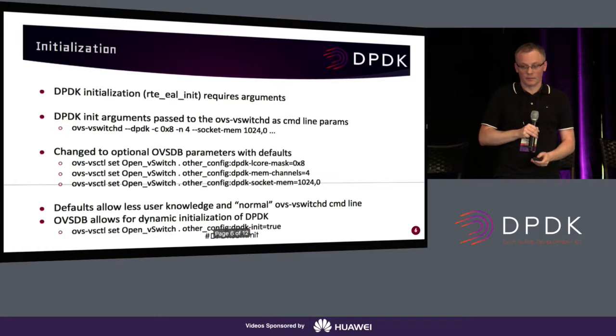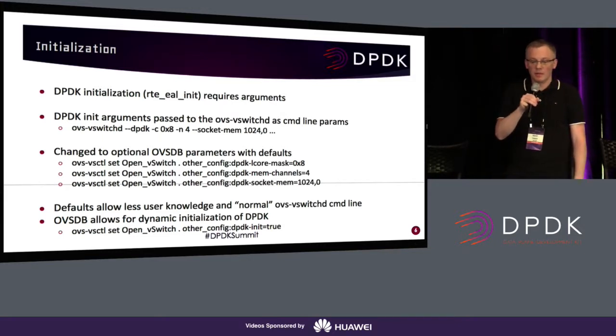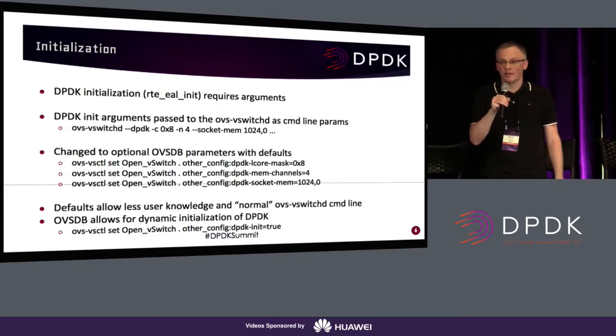Okay, so initialization. DPDK initialization requires arguments, and lots of them, we know that. MJ talked earlier about the -n 4, and I guess to a DPDK user, as MJ described it, DPDK users have a hard time figuring out that command line, especially things like how many memory channels do I have.